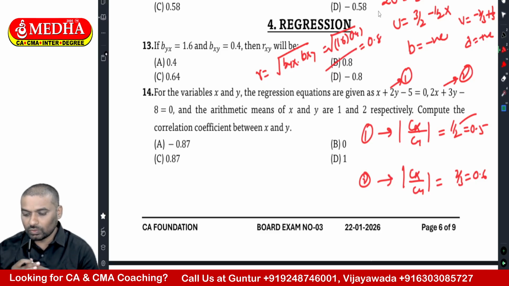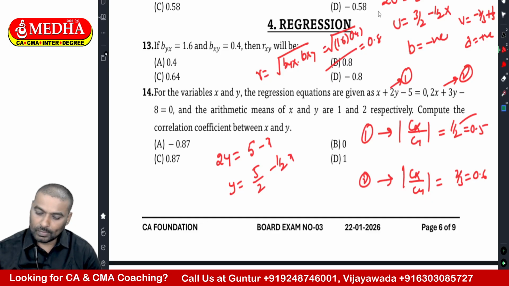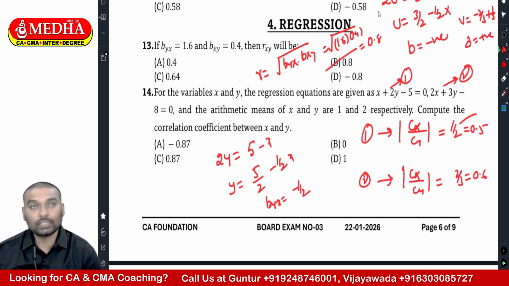First equation is y on x, second equation is x on y, which means the first equation we convert into y is equal to a plus bx format, 2y is equal to 5 minus x. Then y is equal to 5 by 2 minus 1 by 2 x. That is, byx is minus 1 by 2.